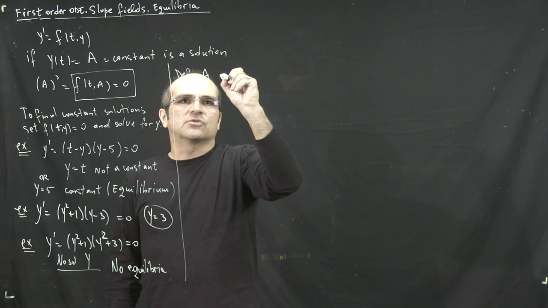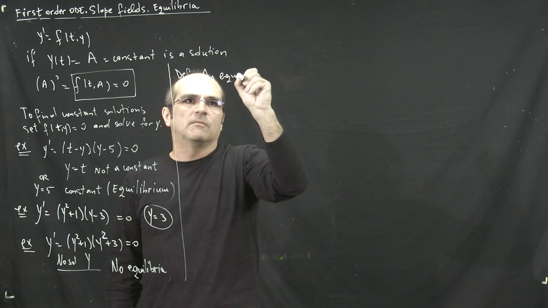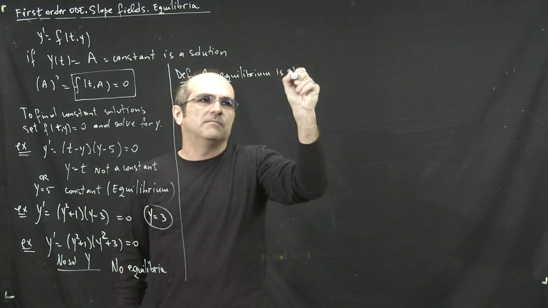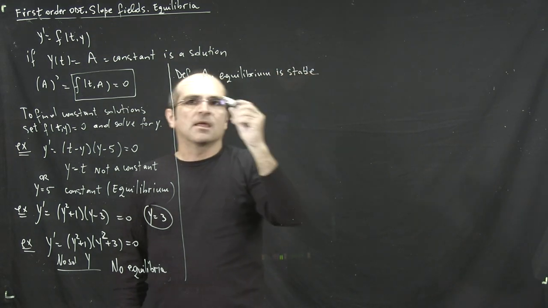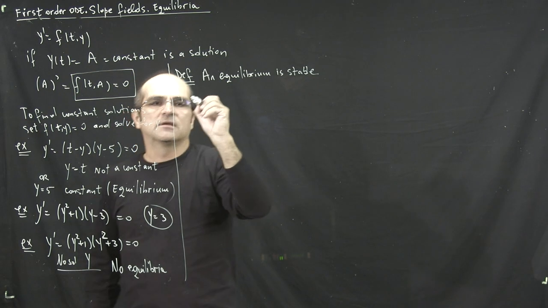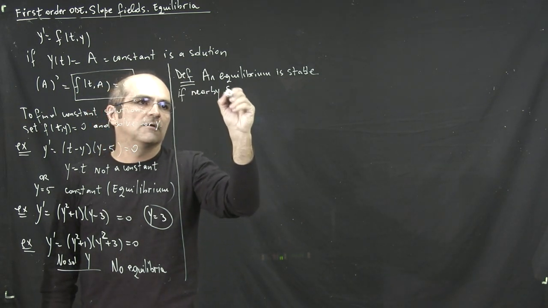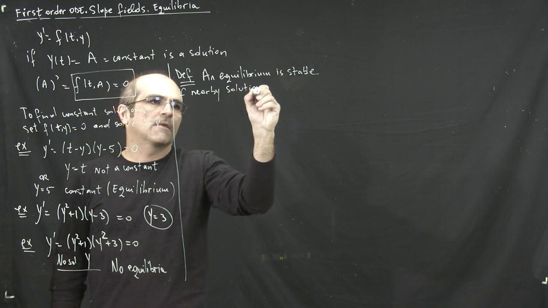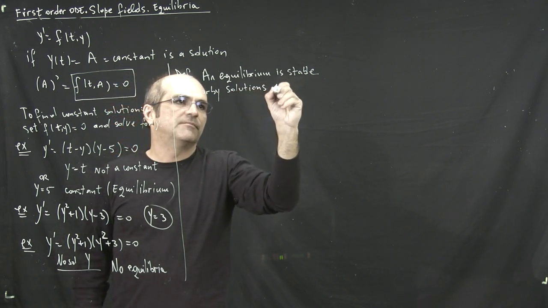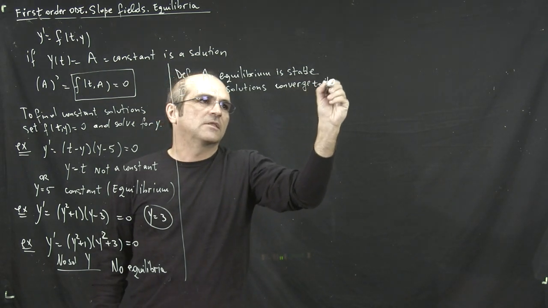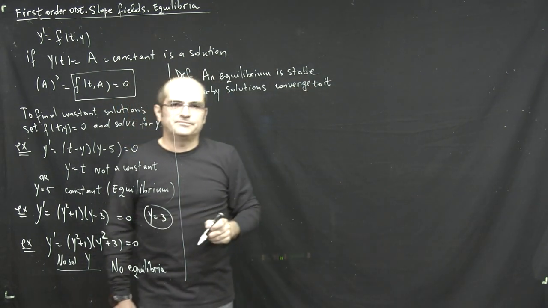A constant solution or an equilibrium is stable if nearby solutions converge to it. That is, they approach the equilibrium point.